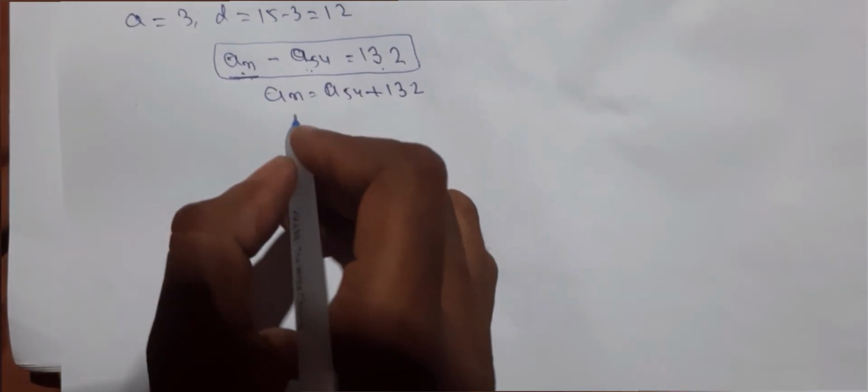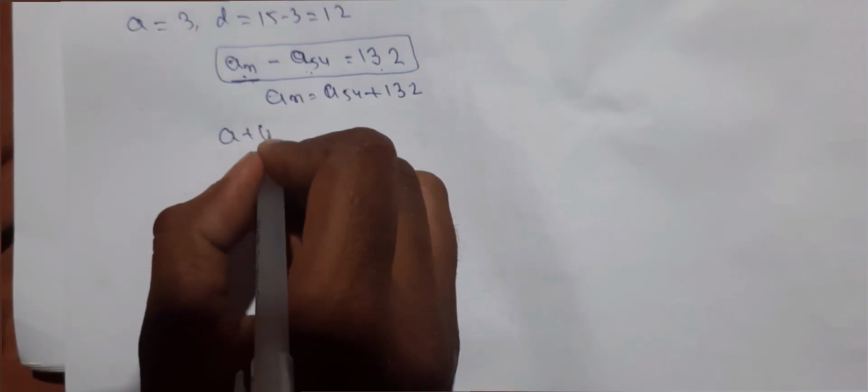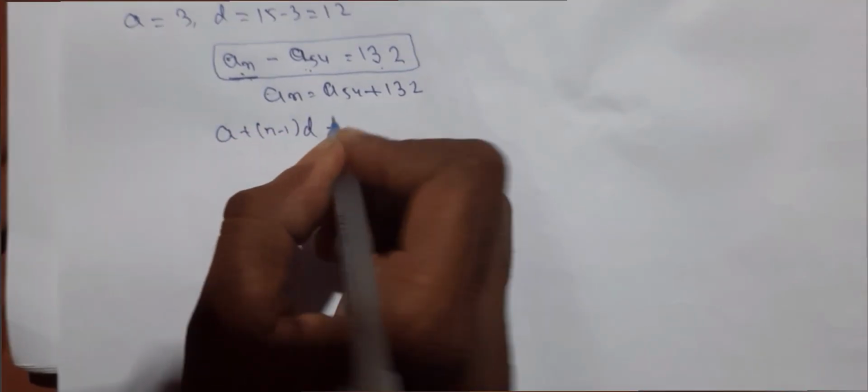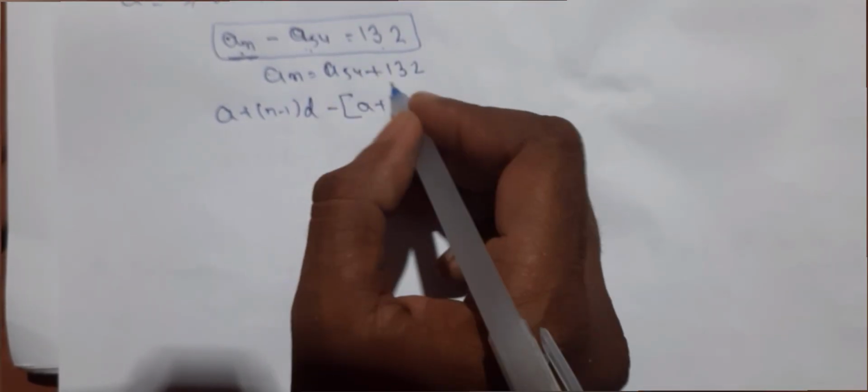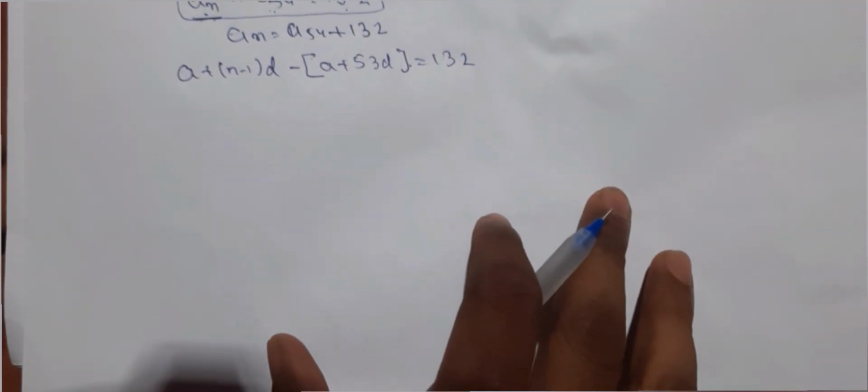Now you know how to solve this one, right? Yes. Here I'm not having any value, n is n only, so it will be as it is. So an is n, minus, here n is 54, so bracket open, a plus 53d, is equal to 132. Is it clear? Yes sir, it's clear.